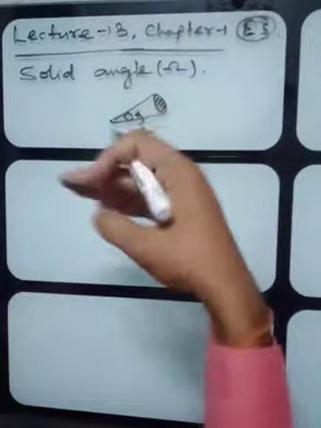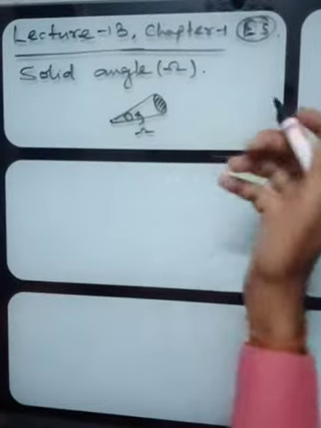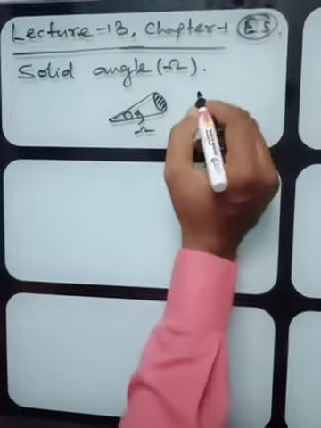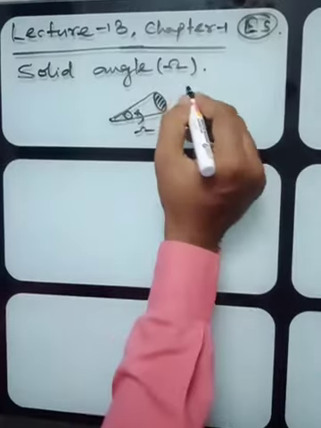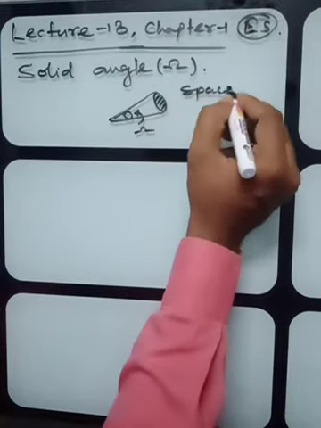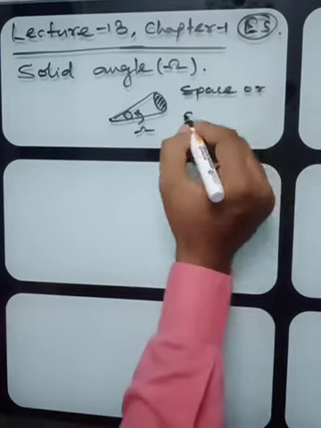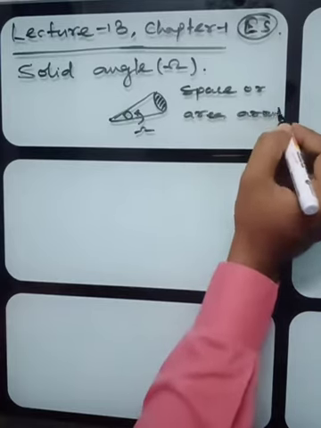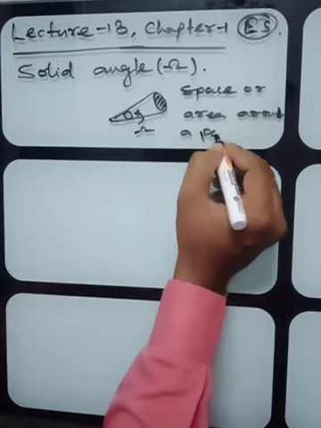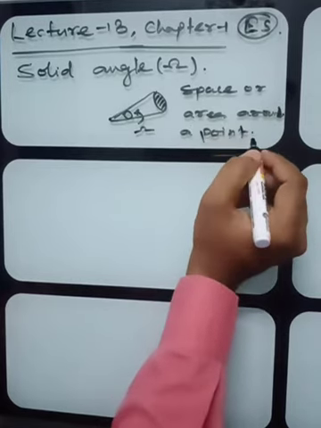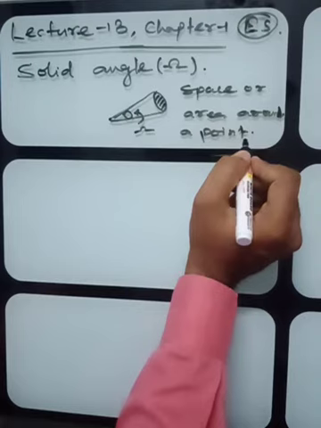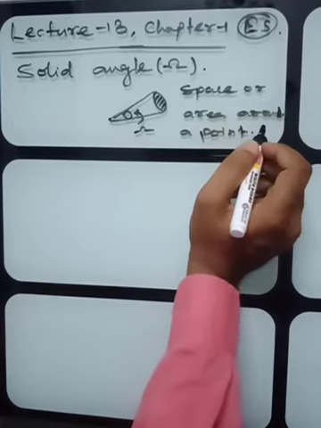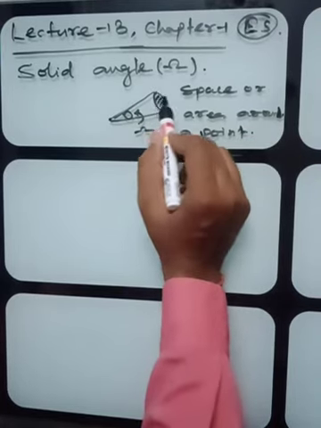Try to understand this by another example, students. But remember, this is nothing but the space or area around a point which is enclosed by a specific surface.